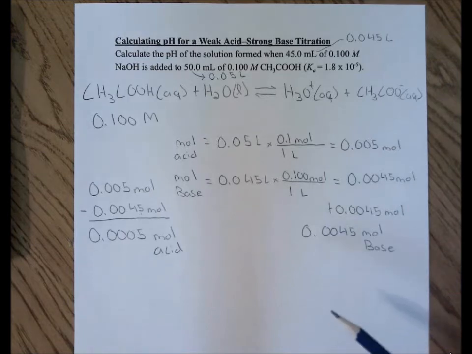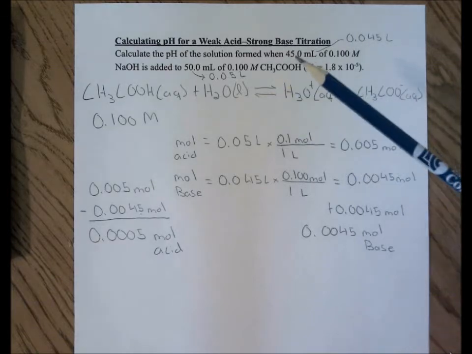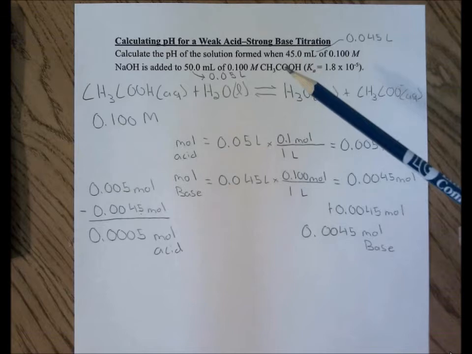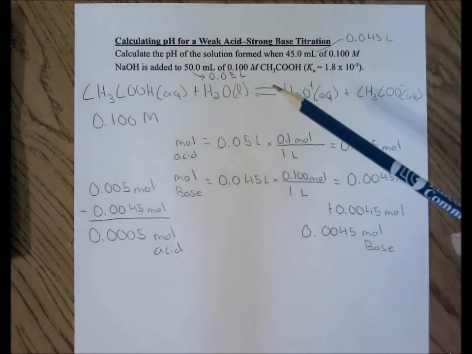But if you can remember the outline of that formula, the base divided by the acid is just a ratio. And because these two things are in this case in 95 milliliters of total solution, they would both be divided by the same amount of solution.